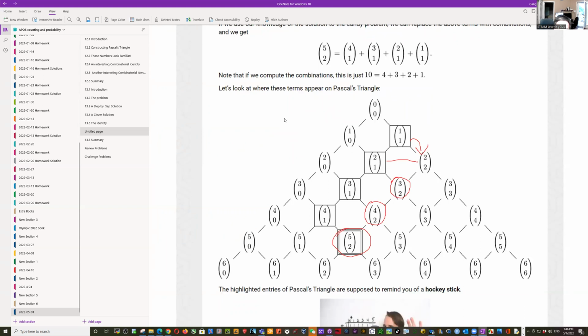So this is the first number. The sum of the first number is just itself. So the first number on the hockey stick handle is replaceable by the next layer.